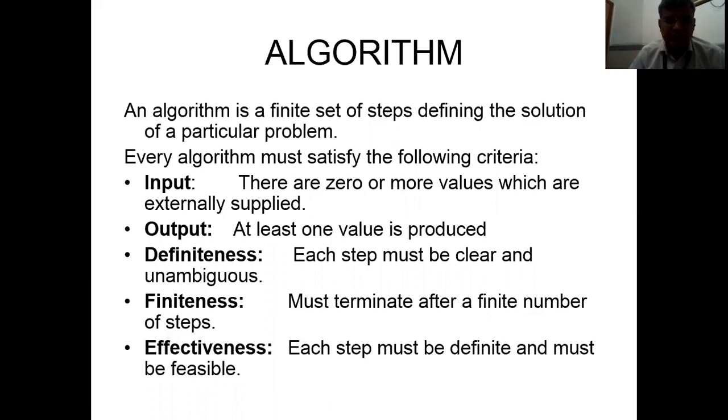Definiteness, each step must be clear and unambiguous. Finiteness, that means it must terminate after a finite number of steps. Then effectiveness, each step must be definite and must be feasible. So these are the characteristics or the criteria for any algorithm.